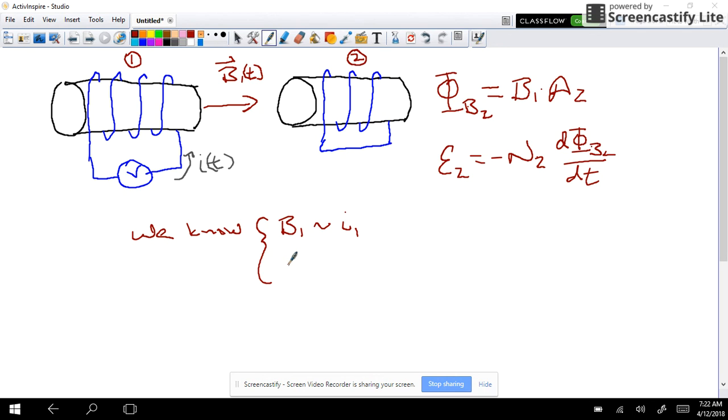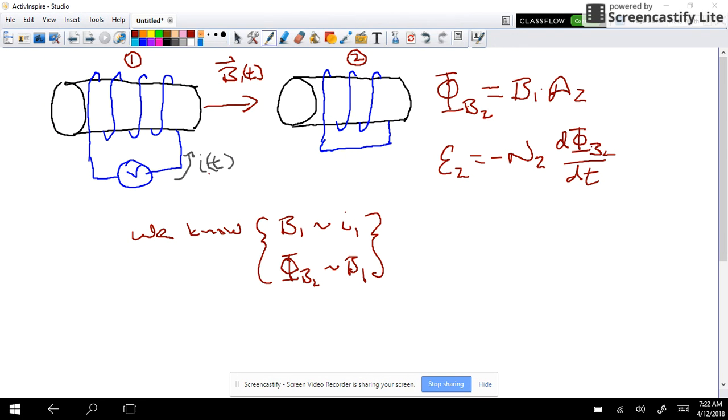And we also know that the magnetic flux in coil 2 is proportional to the magnetic field generated by coil 1. Right? So we can see phi B2 is proportional to B1, which is what we're saying right here. And B1 here is proportional to I1, which is this guy over here.